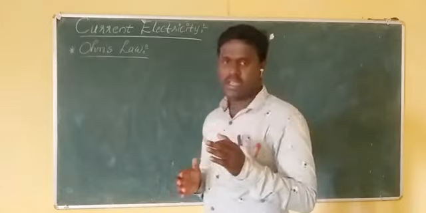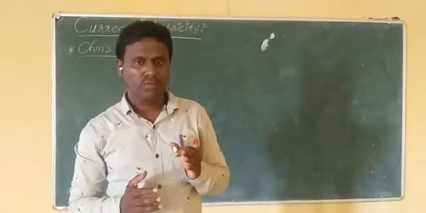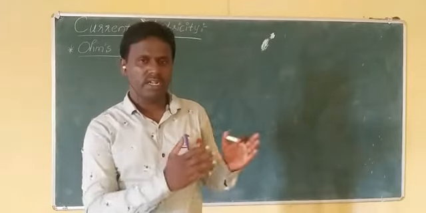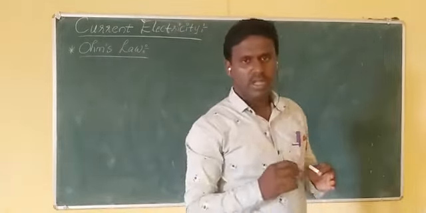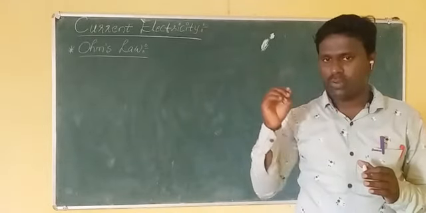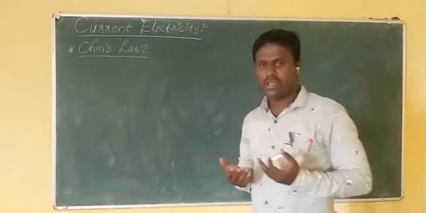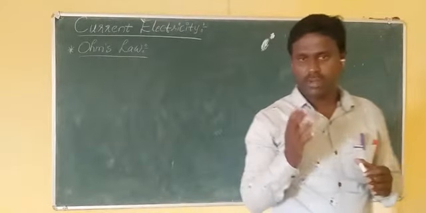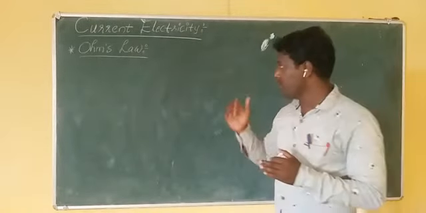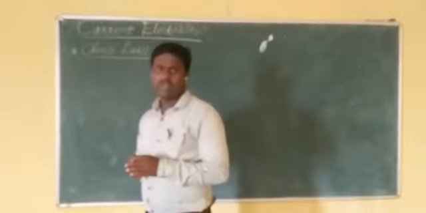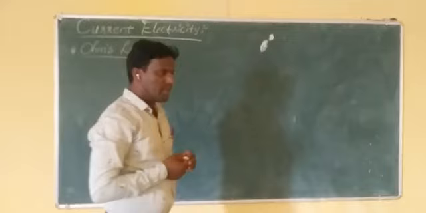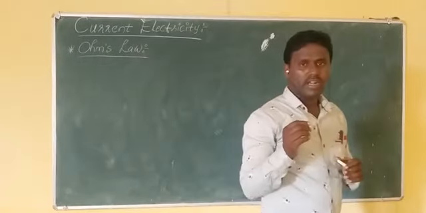If you are providing potential difference to a metal wire, a conductor, how does the current change? Whether it decreases, increases, varies directly or inversely. Ohm showed that the current and the potential difference in a wire vary directly.